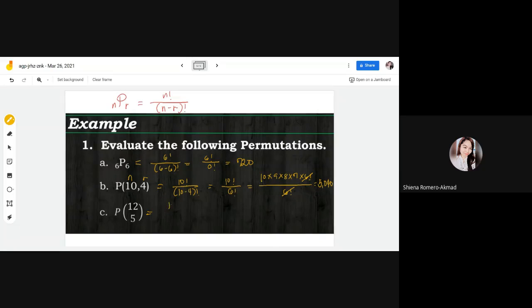So we have 12 factorial divided by 12 minus 5 factorial. It will give us 12 factorial divided by 7 factorial.